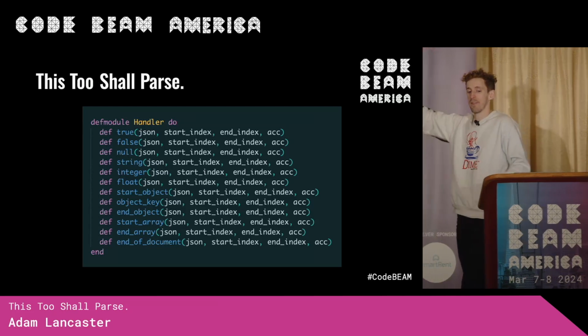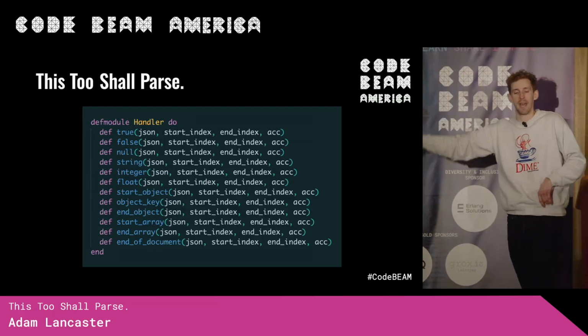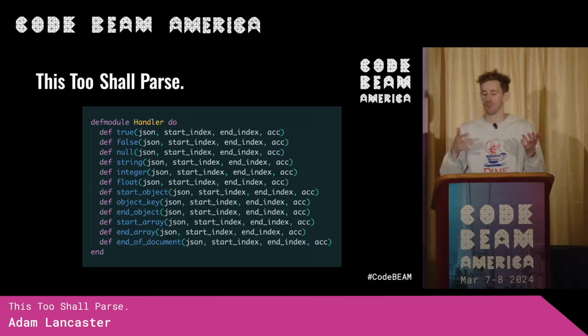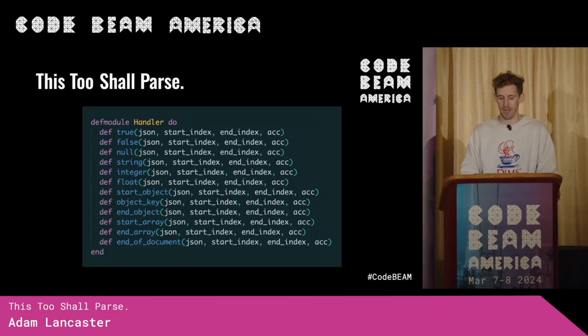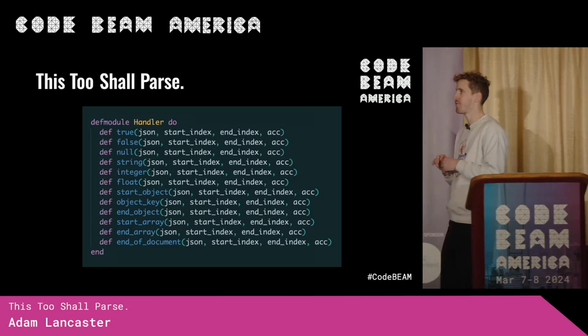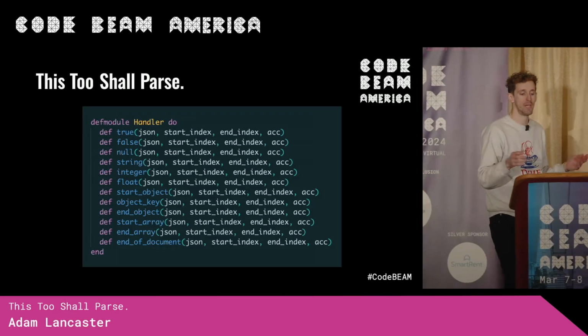Like I said, we get the JSON, the start index, and the end index, and then the accumulator, and it's on you to return a new accumulator based on whatever you want to do with the stuff that was in there, right?